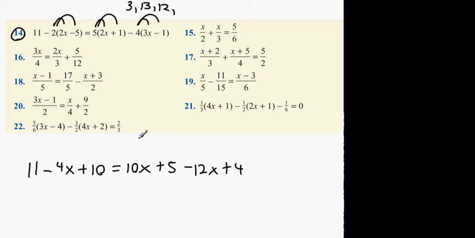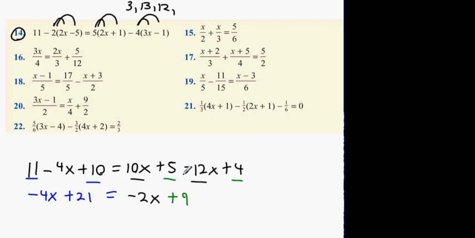Okay guys, now let's tidy up. Minus 4x, what's 11 plus 10? 21. And then on this side we have 10x minus 12x, minus 2x. And then finally 5 plus 4? 9. Okay. Now lads, bring the x's to the left, bring the numbers to the right.